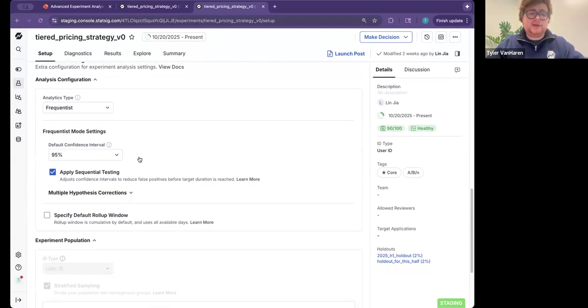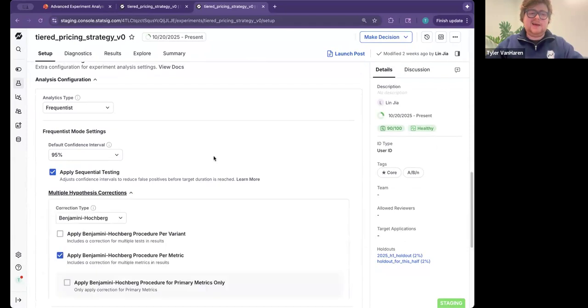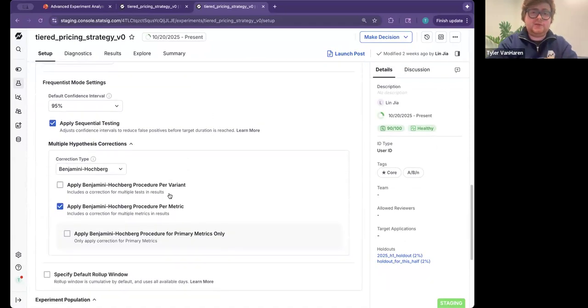In particular, again, we mentioned earlier some of the multiple metric comparison and multiple variant comparison corrections you have at your disposal. This is really there as that tool, so you can help people see less noise and think it is a true underlying result, is probably the right way to put it.